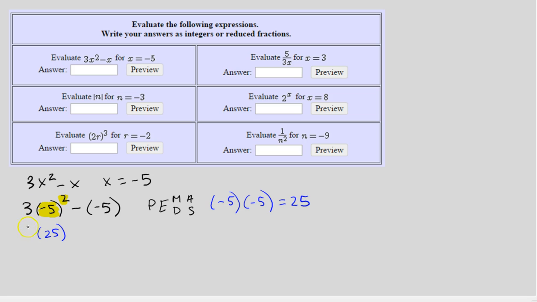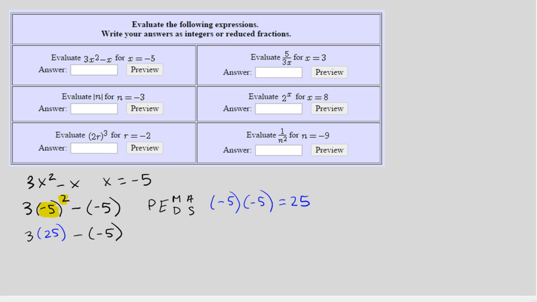And now I'll copy down the rest of the expression. Okay, so notice I kept this quantity in parentheses again because we're going to be multiplying. The operation implied between 3 and these parentheses is multiplication. So right now we have multiplication and subtraction. We're going to do multiplication first.